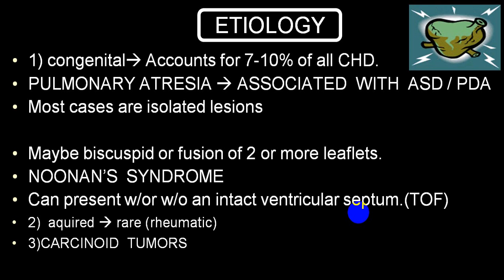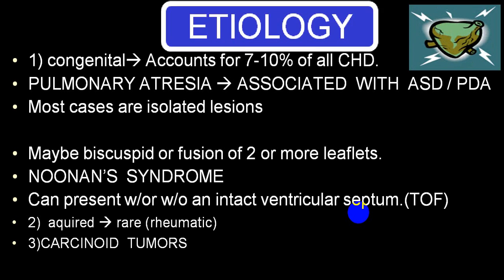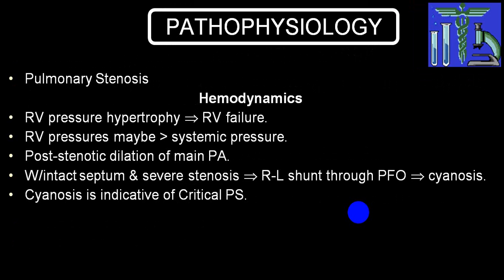Among acquired group, we have told you one group, that is rheumatic heart disease, and another is carcinoid syndrome.